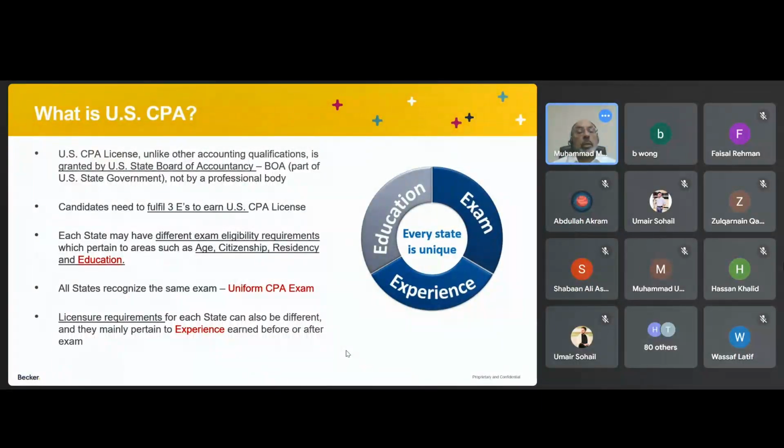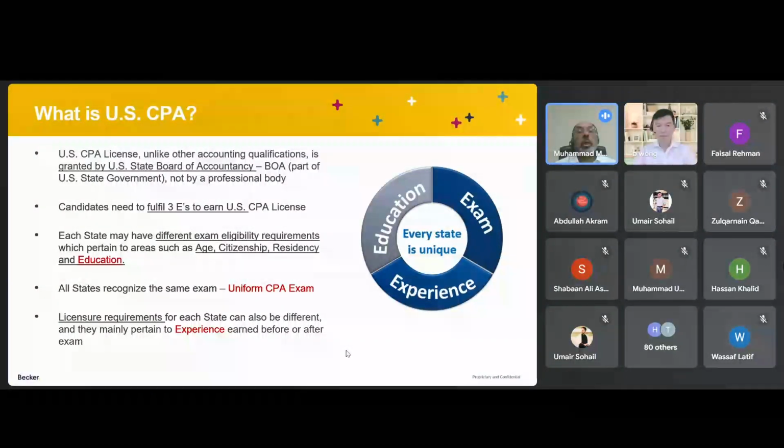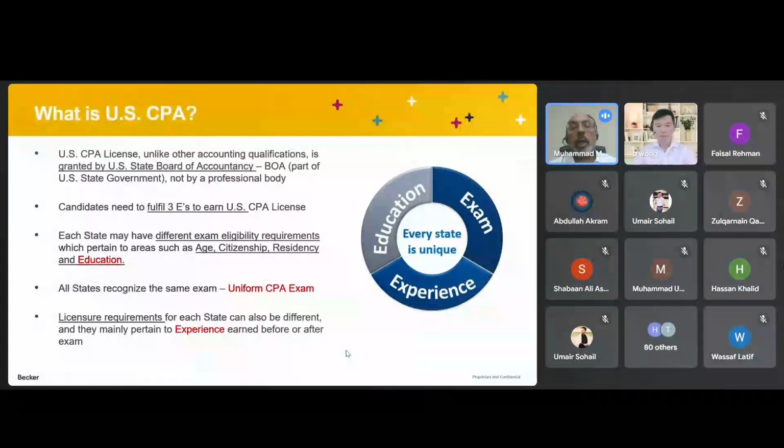Unlike other professional qualifications, the US CPA is granted not by the AICPA, which is the professional body in the US, but rather by the State Board of Accountancy. There are 55 state boards and jurisdictions.